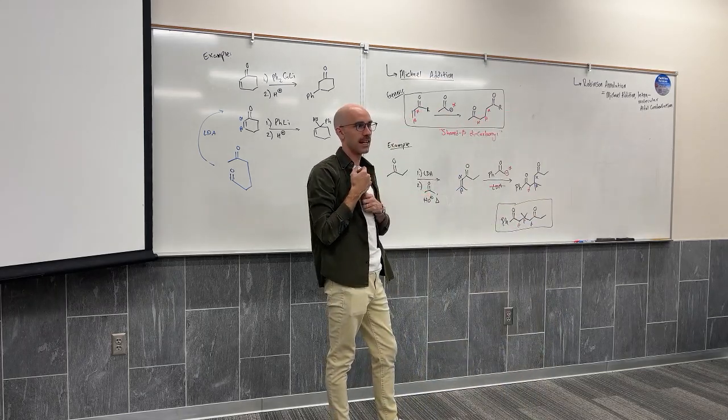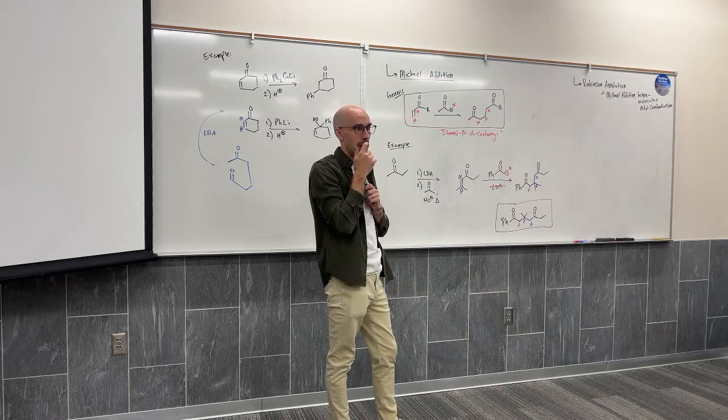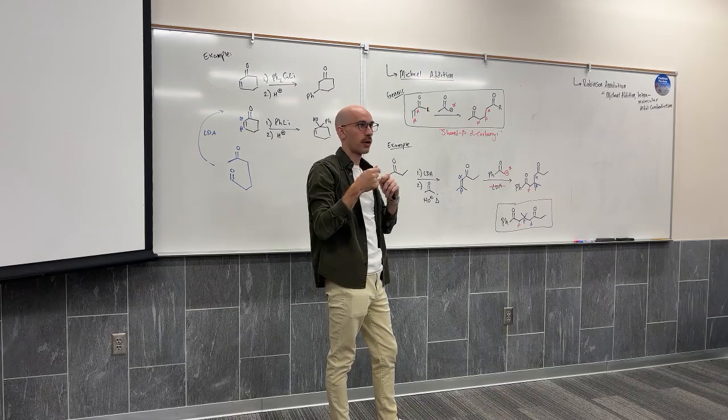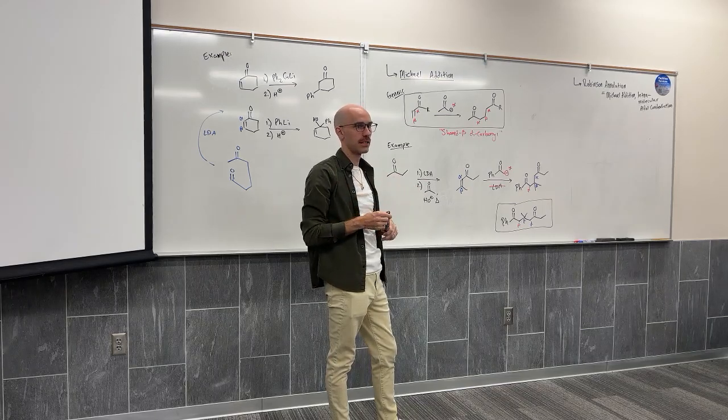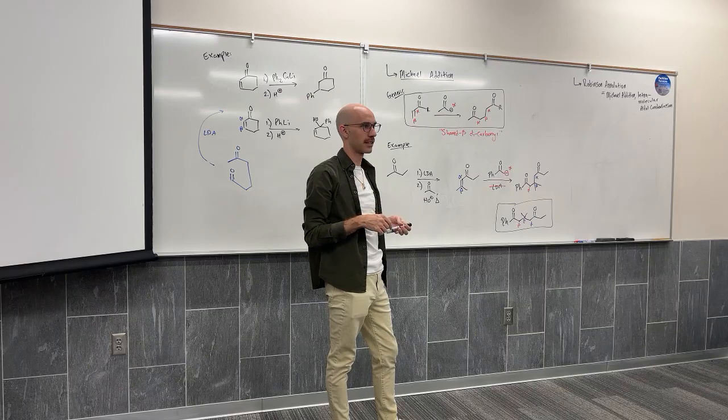Robinson got this reaction named after himself for a reaction that was named after Michael. It's kind of similar to Deichmann getting a reaction named after himself for a reaction that was named after Clayton.